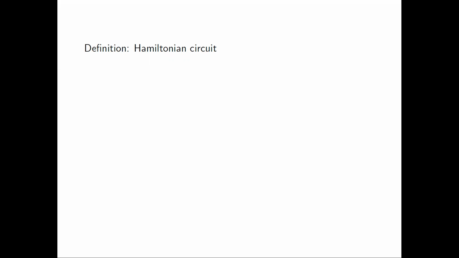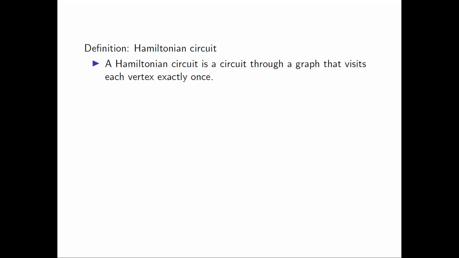So first, let's talk about the definition of a Hamiltonian circuit. You can recall that with the Eulerian circuit, we had to go through each edge in the graph exactly once, and we had to start and finish with the same vertex. The difference with the Hamiltonian circuit is that instead of going through each edge exactly once, we have to go through each vertex exactly once.